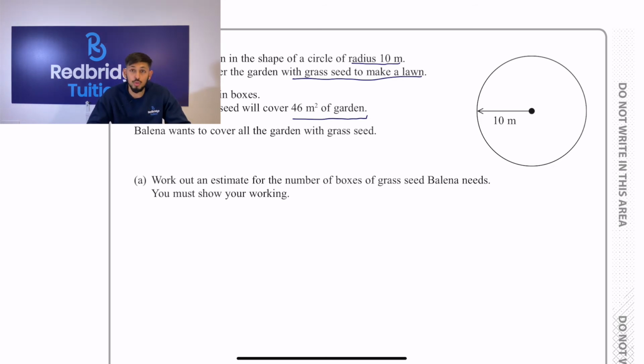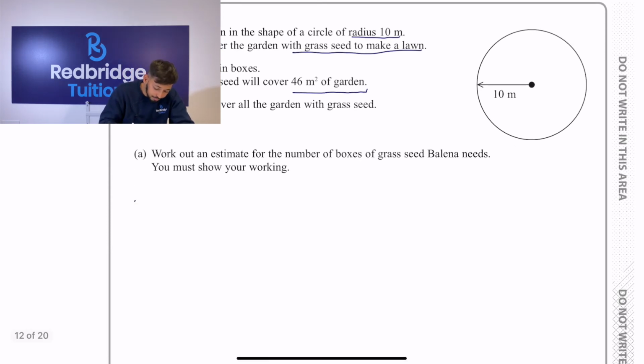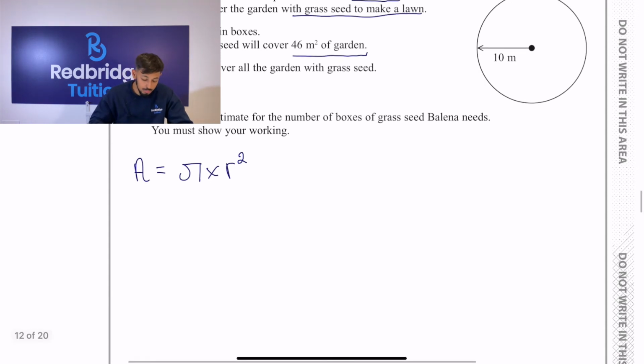So firstly, what we should notice is that the shape of Belina's garden is a circle. Therefore, to work out the area of the garden, we need to use the equation A is equal to pi times r squared. Now, as this is a non-calculator paper, we need to take an approximation for the value of pi. So the approximation of the value of pi that I'm going to take is 3.1.